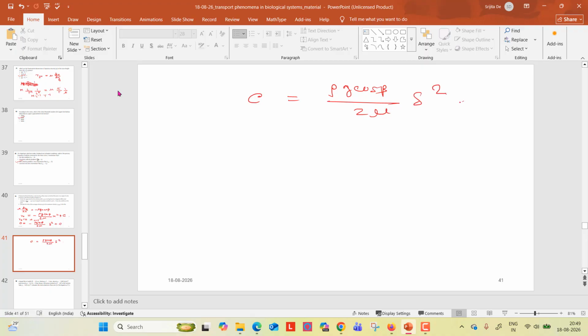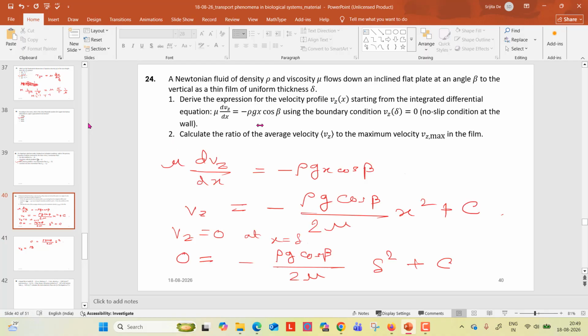Now if we put this in the equation, vz will be rho g cos beta by 2 mu into delta square minus x square, and we are taking the delta square as common.